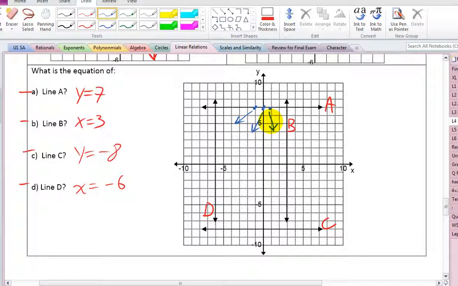Go ahead. This one is -1, 7. This middle one is 0, 7. And this last one is 1, 7.